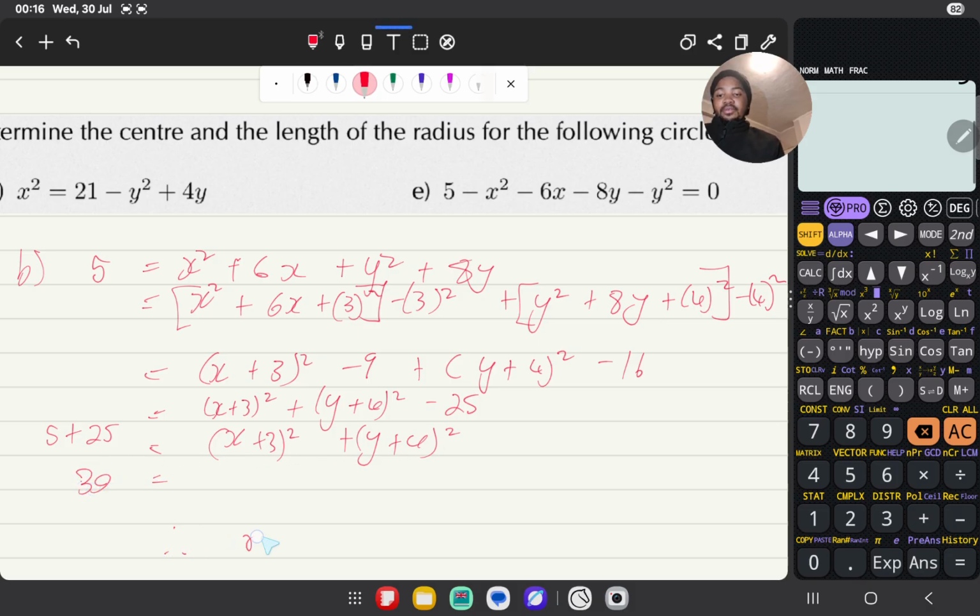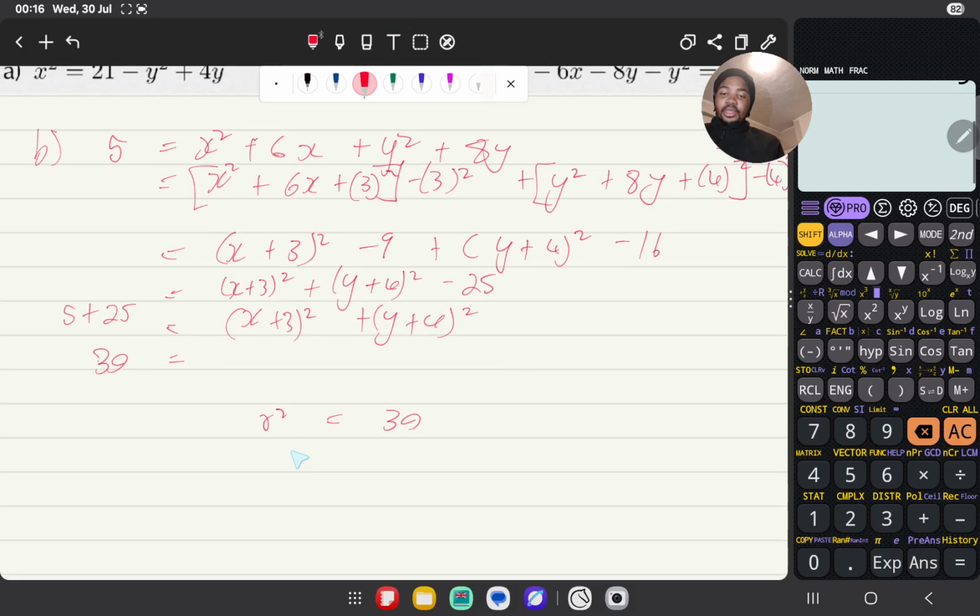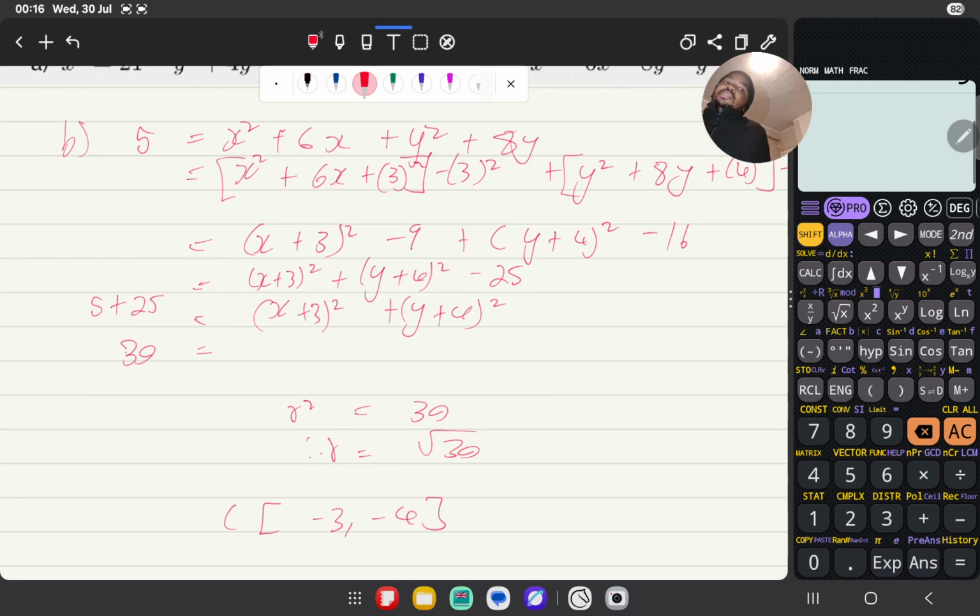Then you would say, therefore, r squared equals 30. Therefore, r equals square root of 30. And the center is going to be (minus 3, minus 4). And there, you are done with this question.